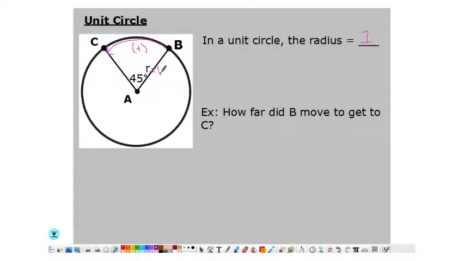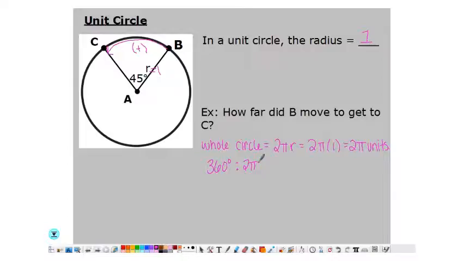And so if it traveled the whole circle, we know from the previous slide that the point would have moved 2 pi r, which in this case is equal to 2 pi times 1, or 2 pi units. So the full 360-degree circle would give us a 2 pi movement.